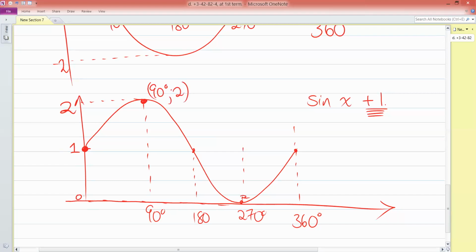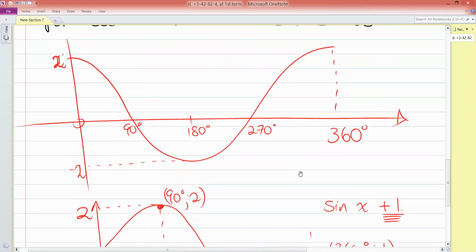This is 0 and 1. This point here, which is an intercept, is 270 and 0, and 360 and 1.